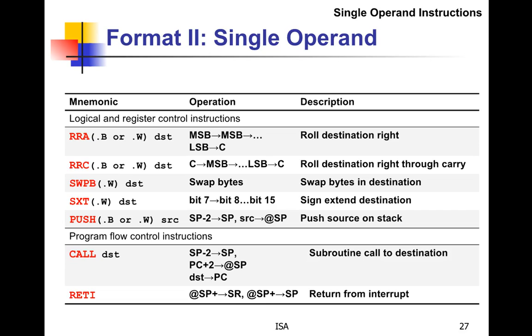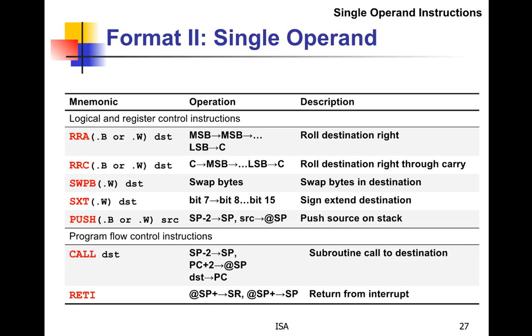So the most significant bit goes to the most significant bit minus 1, and the least significant bit goes into the carry. And then there's roll right with carry, and that rolls the carry in as well. The RRA does an arithmetic roll, which doesn't do that.